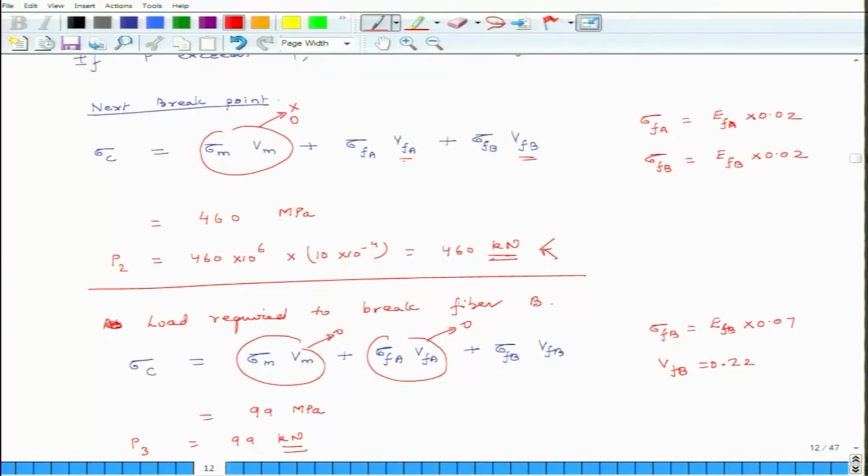All that load gets transferred to fiber B. Fiber B can only take 99 kilonewtons at 7% strain, right. So, fiber B cannot handle all this extra load which it gets.